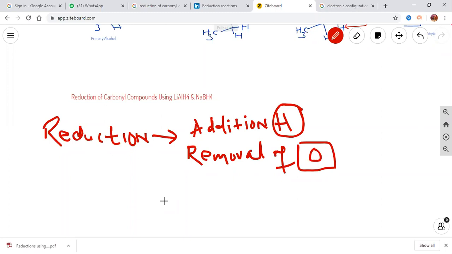First we have to discuss lithium aluminum hydride and sodium borohydride.